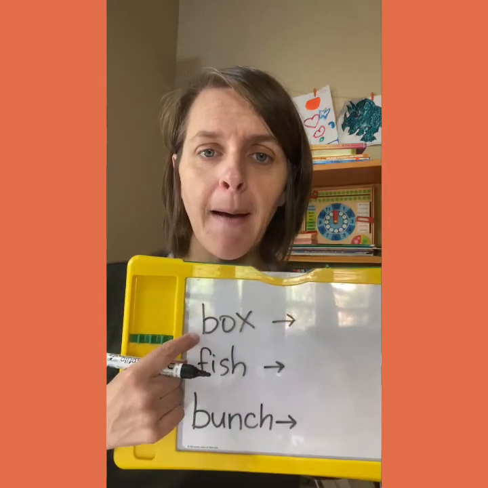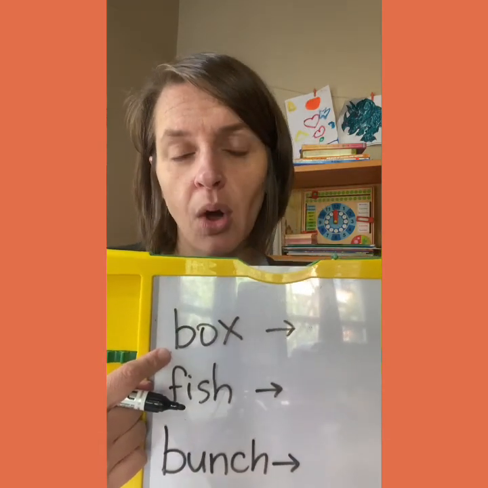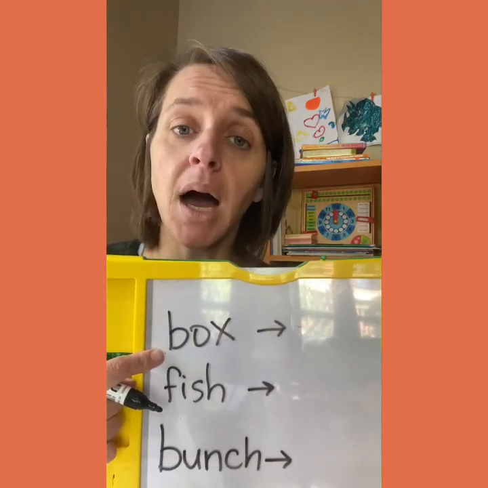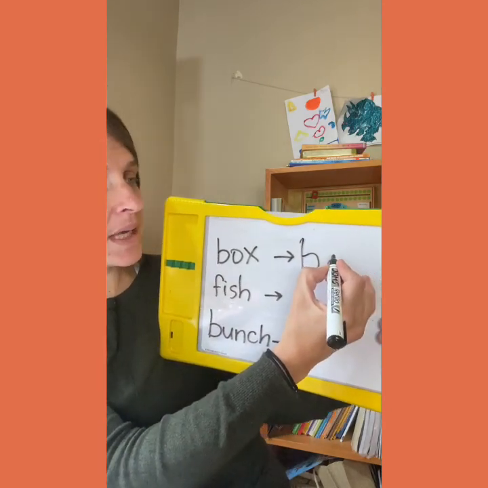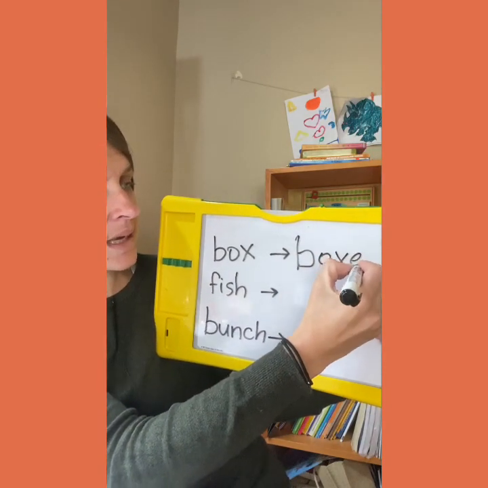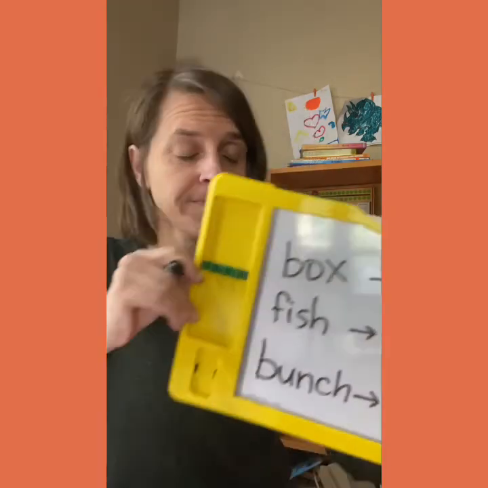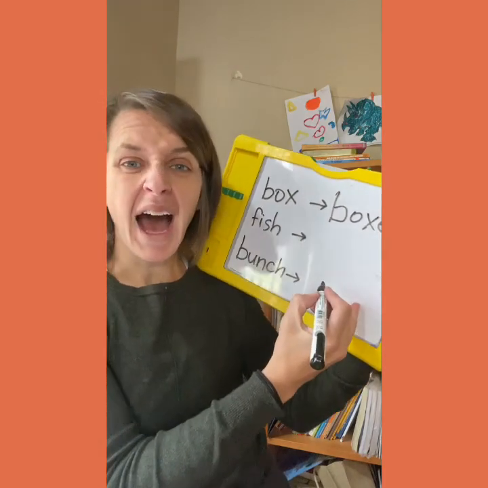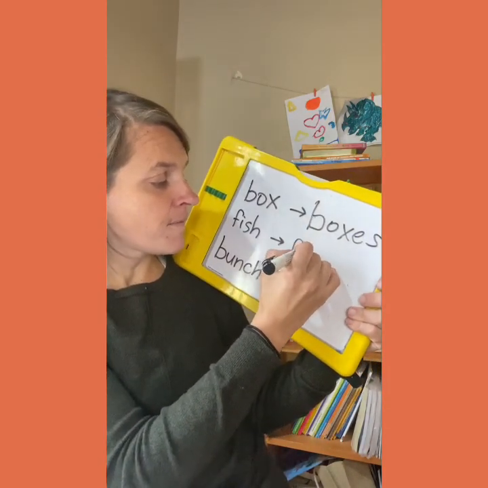So like this is a box. I need a box. I need a lot of what? Boxes. So then we would add an ES, B-O-X-E-S, box to boxes. Fish. I have a fish. Or my family has a lot of fishes.